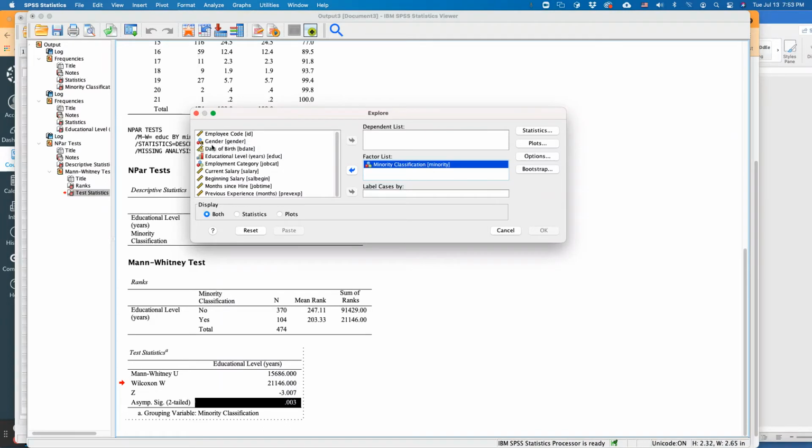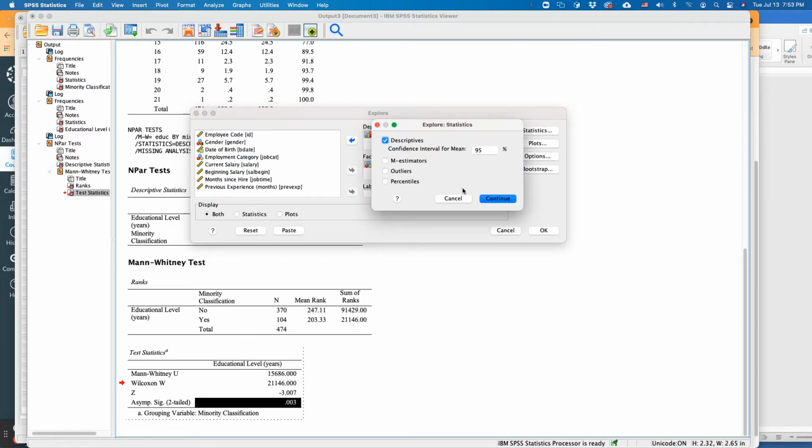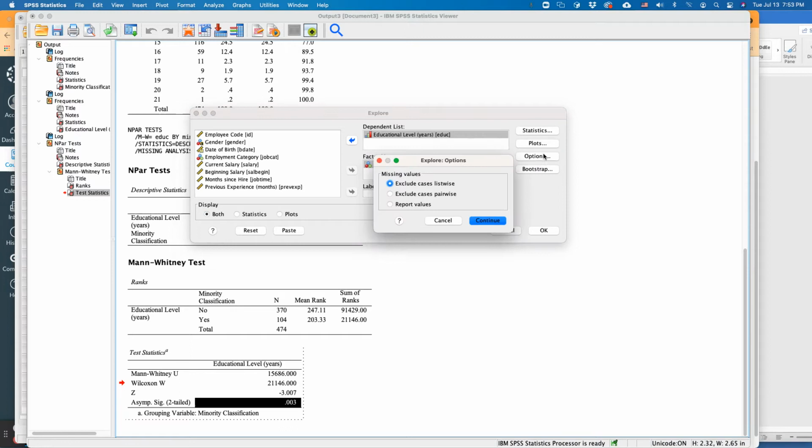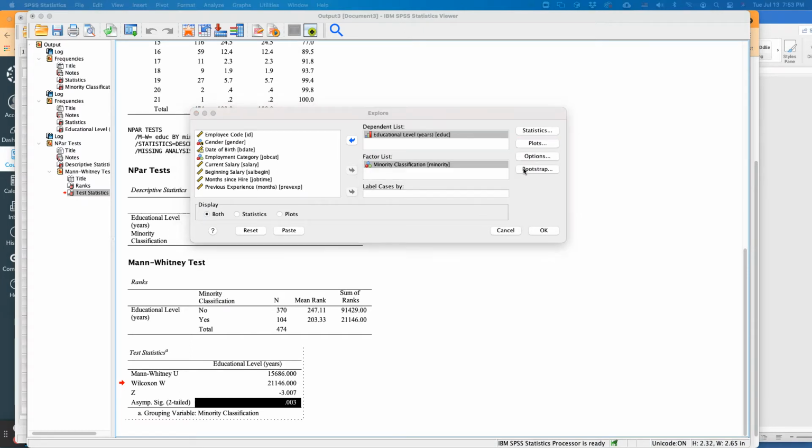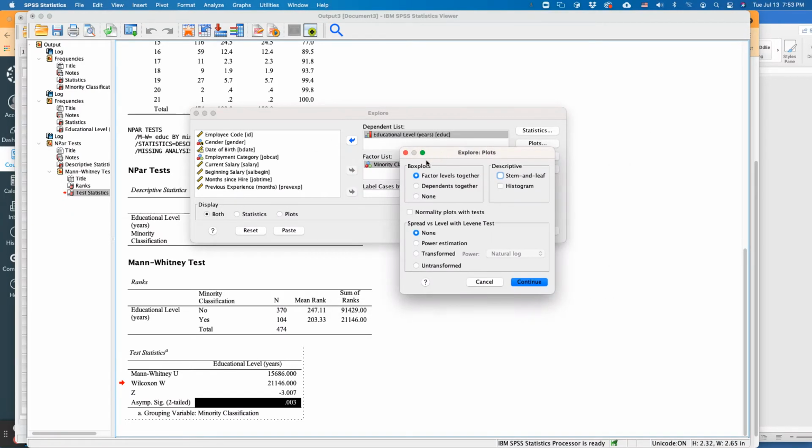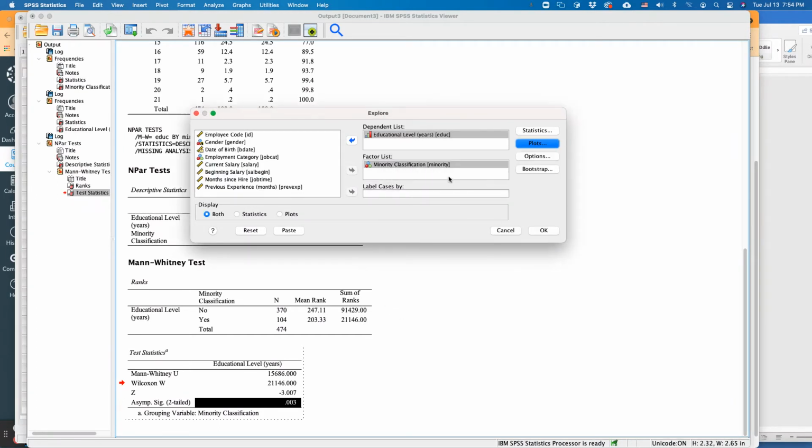Because what we want to do is get descriptive statistics, but we want it separated by the minority class, right? So we're going to get our descriptive statistics here. What else do we want? I think that is all. We don't want any stem and leaf plot. Do we want a box plot? I'm not sure. And for now, we will just look at the statistics.